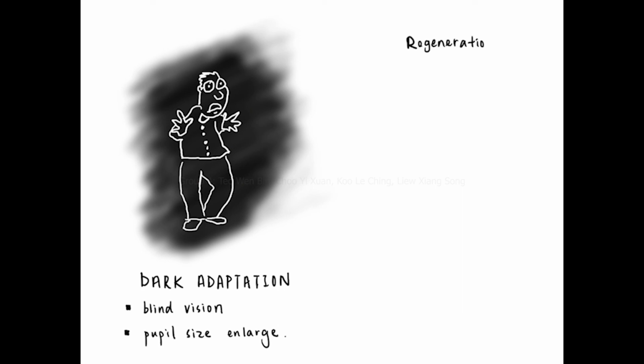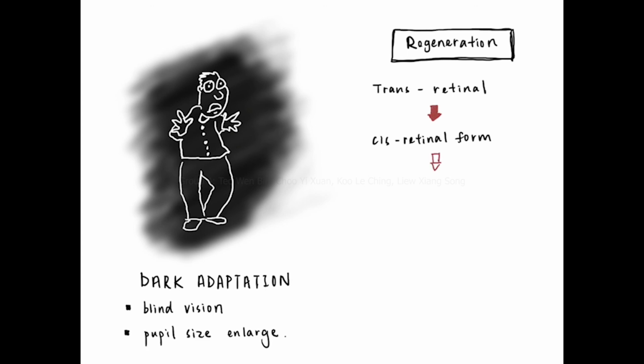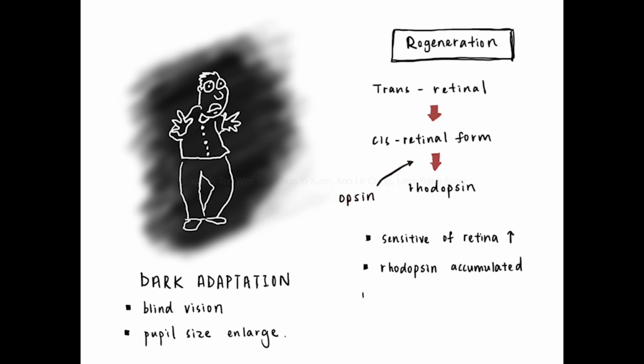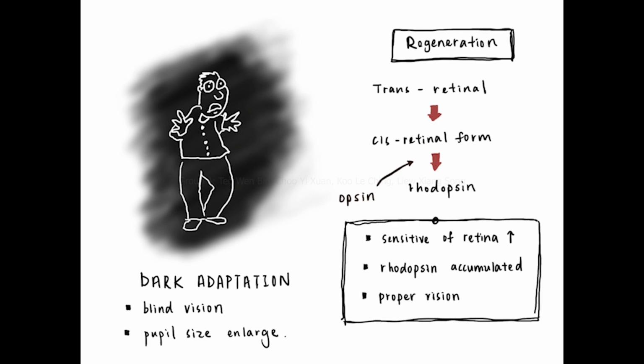When there is no light, rhodopsin bleaching will not occur and regeneration of rod pigment starts, where the transretinal form will be converted to cis-retinal form. The cis-retinal form will combine with opsin to form rhodopsin and the sensitivity of the retina will increase over time. As a result, rhodopsin is accumulated and it starts functioning for night vision during dim light. This process also takes some time to ensure enough rhodopsin for a person to see properly.